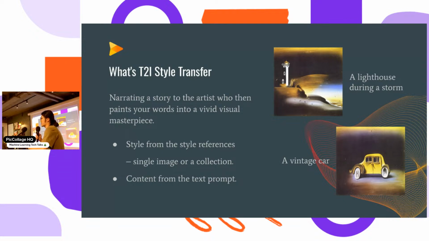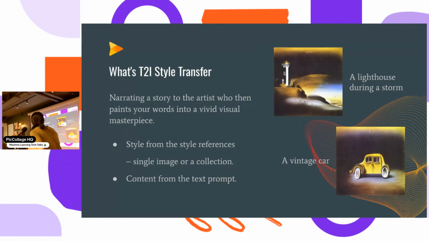It just needs to have a unique style, right? And the second thing is the same as T2I generation. The content should come from the text prompt, so we textually control the results.